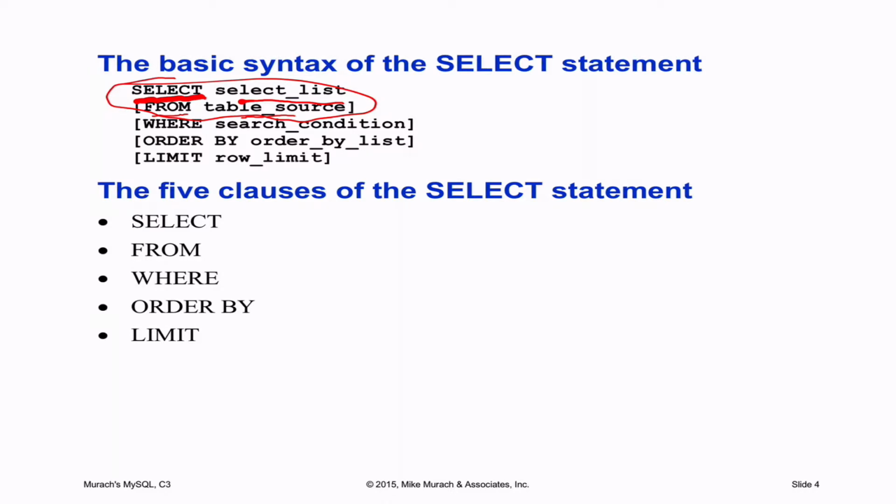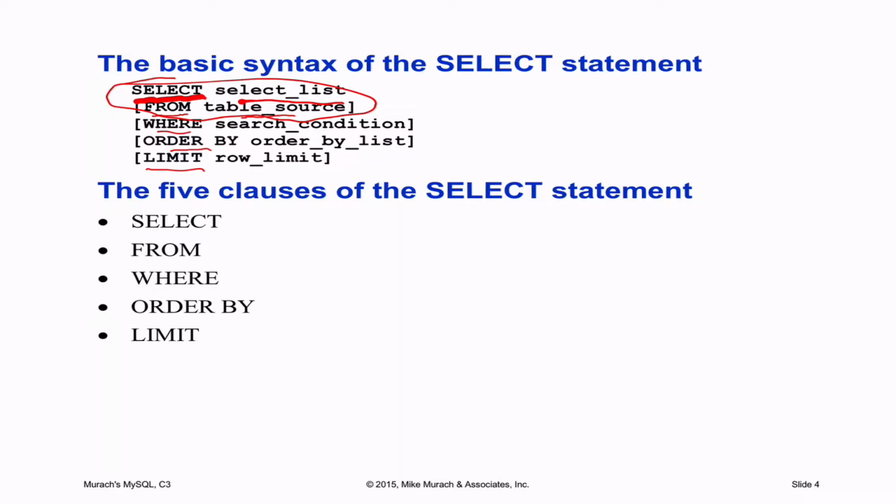But if you want to return a specific set of data based on certain conditions, that's where we will add in the where clause. And then the order clause will sort that, and then we might add in a last limit clause to limit it to a certain number. So maybe if you've got a database with millions of sets of records in it, perhaps you don't want to return millions, you just want to limit it to 100 rows or something like that.